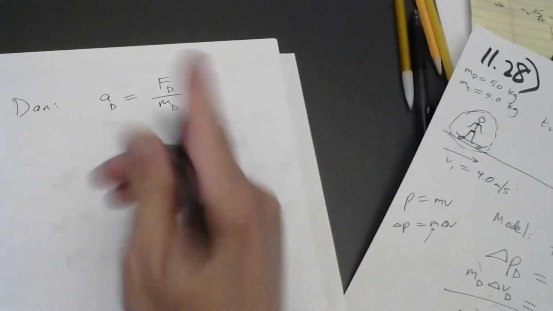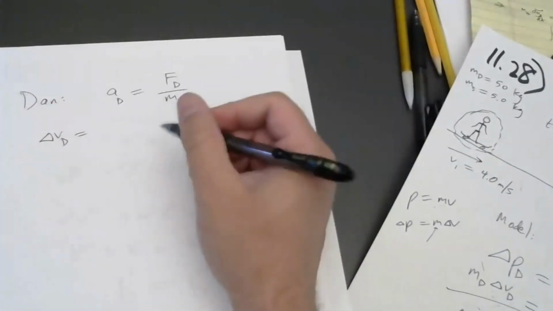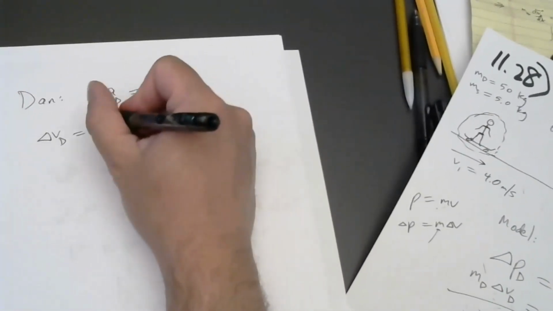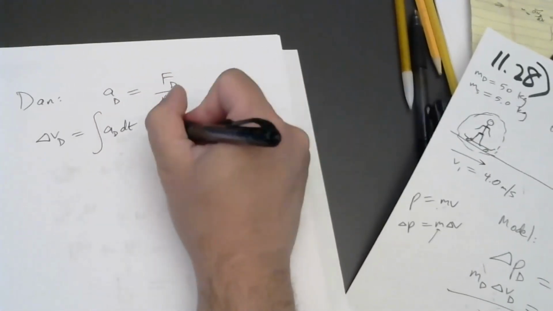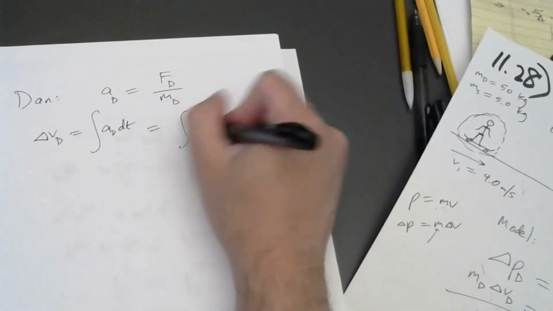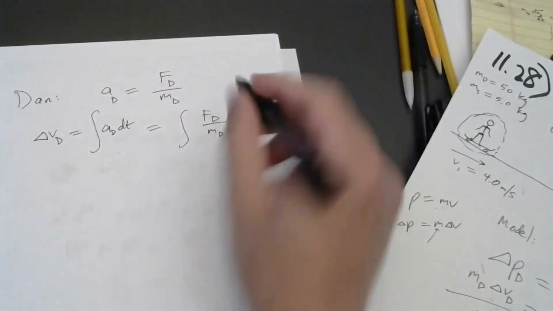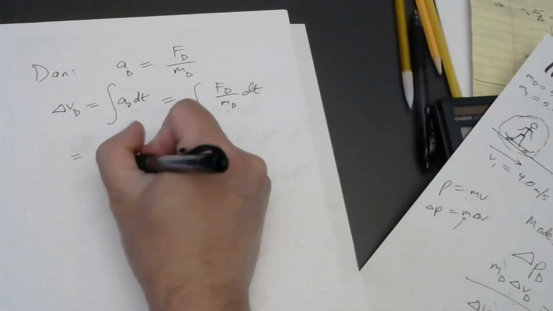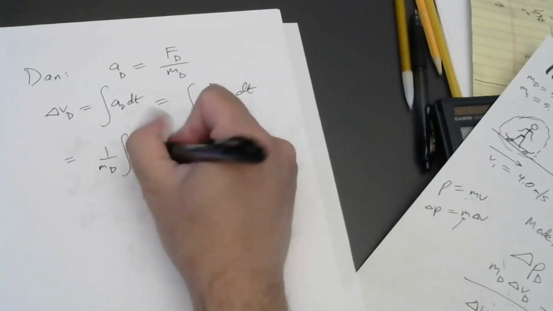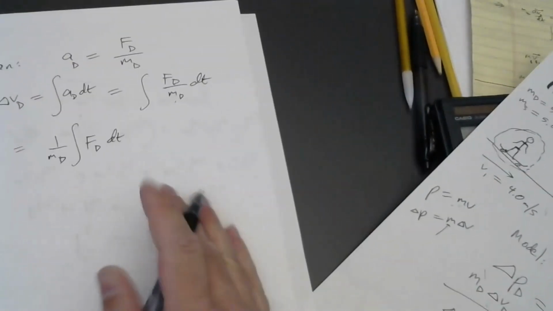And I know that the change in velocity, think back to early in the semester, is the area under the acceleration curve. So I'd have the integral of the force on Dan over mass of Dan with respect to time. I could pull out the 1 over m. That's 1 over mass of Dan times the integral of force on Dan dt.